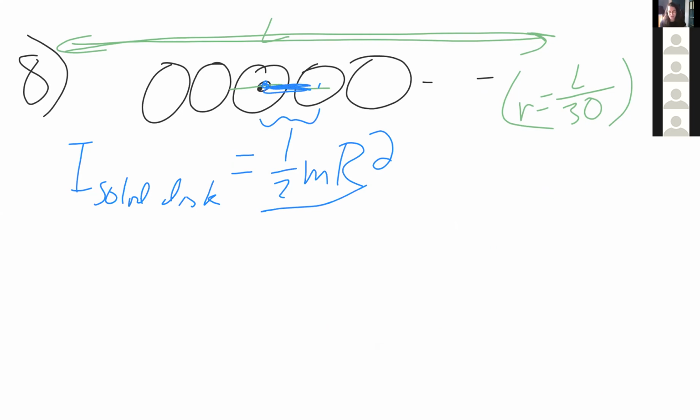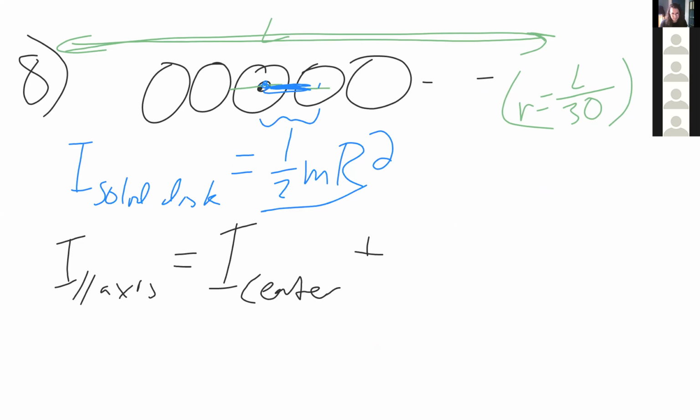This is a thing called the parallel axis theorem. The parallel axis theorem says that I around some parallel axis is equal to whatever I through the center is, translated by a length mh squared, where h is the distance from the center of my object to the parallel axis that I want to rotate it around.